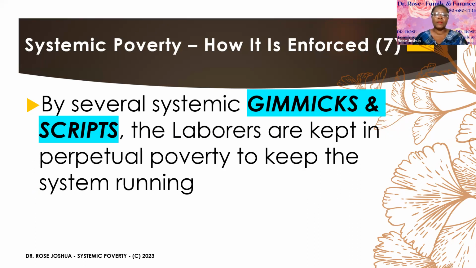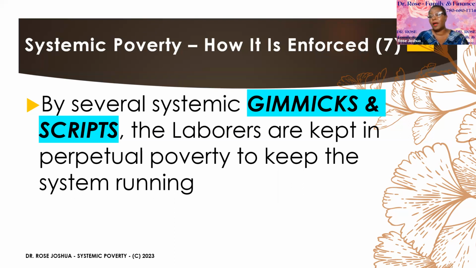And so there are all kinds of gimmicks and scripts that laborers are kept in perpetual poverty with. So for example, an example of a systemic script would be, let's see, somebody is going for their annual review at work, and then you're told, oh, you're the best employee ever.